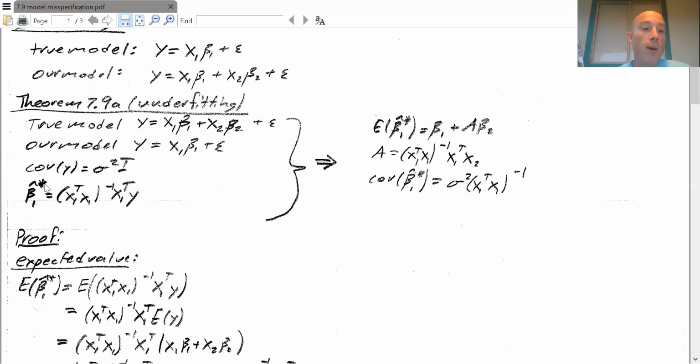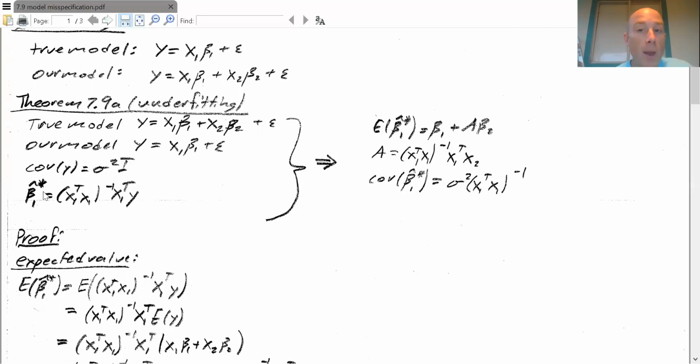The textbook uses the notation of star for what I have, but it's not what I should have. It's what I'm incorrectly using to understand what's going on. So here I'm taking a beta 1 hat star, fitting everything as if this was the correct model, and this is the estimate that I would get.